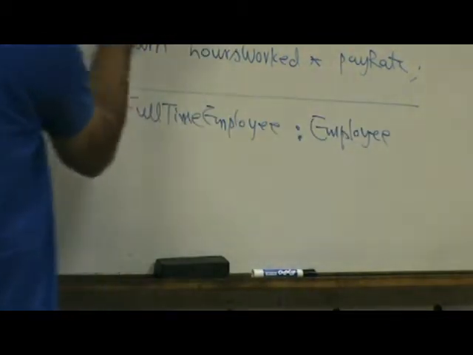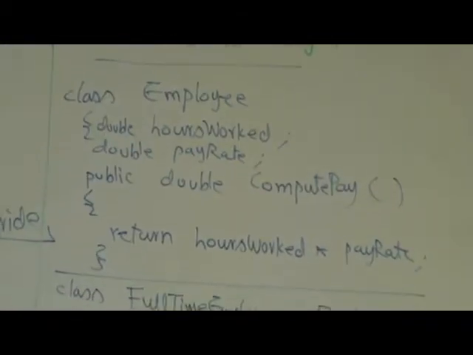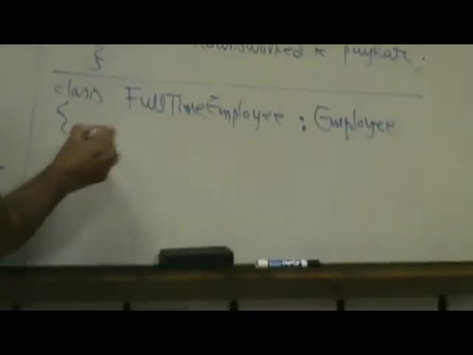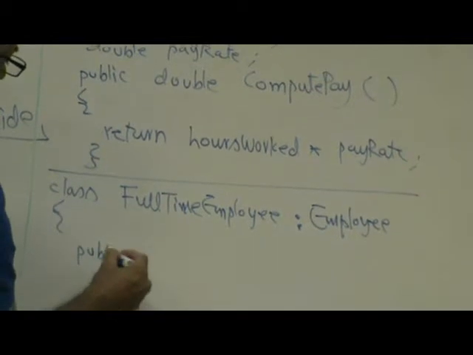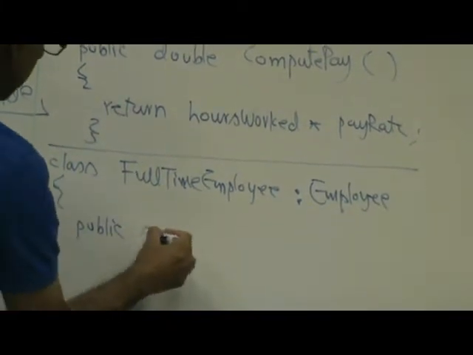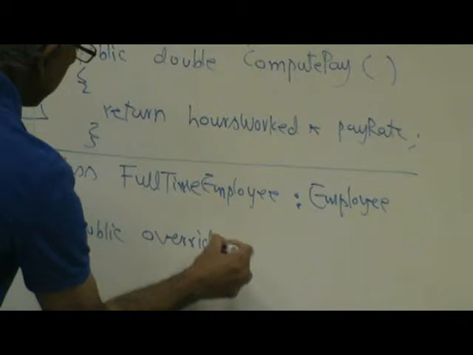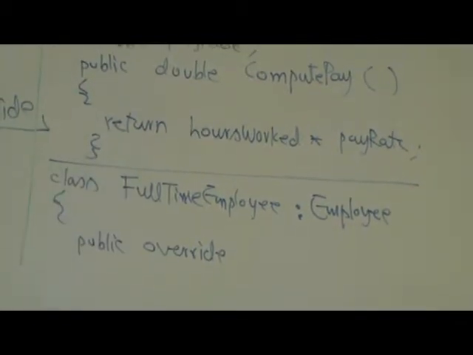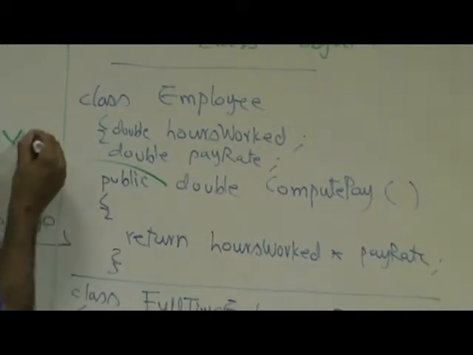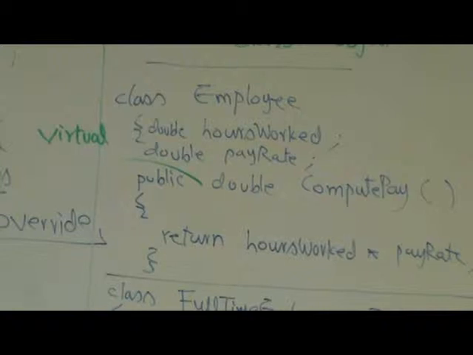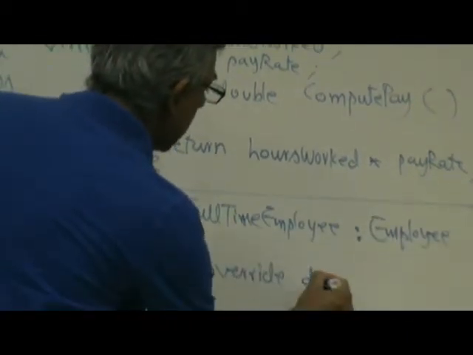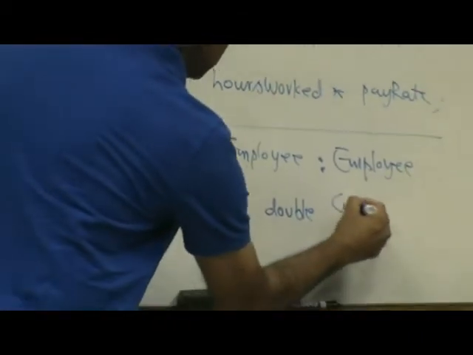So that means the hours worked and pay rate are still available to us, right? And so over here, suppose we override. So public override. And if we are overriding, what does that mean? How should this be declared over here? Virtual. Okay. So anyway, public override double compute pay.